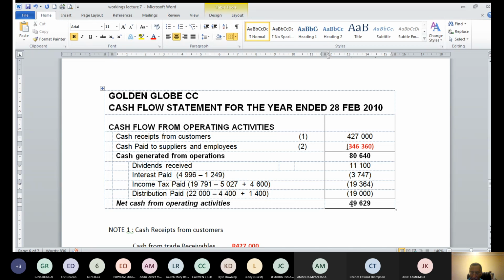Once you've got the answer and you see that it is a positive amount, you can label it as the net cash from operating activities. Remember that if your answer here was negative, you would have labeled it as the net cash used in operating activities.